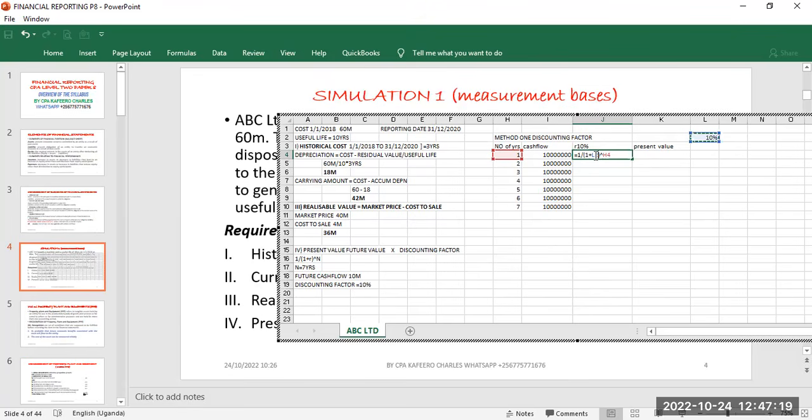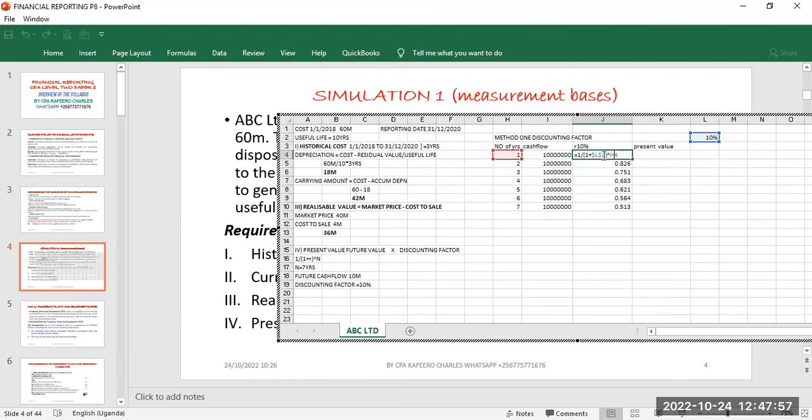Then I lock this one, meaning the other one they are going to be changing. I think you know how to do those things in Excel. When I put in these dollar signs, it means this 10% is going to be fixed, not changing, but only this outer part which is going to be changing. That's why I put in the dollar sign.